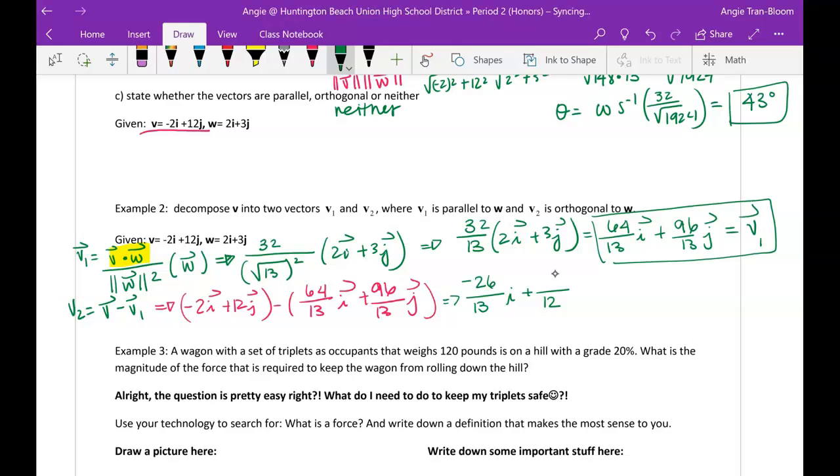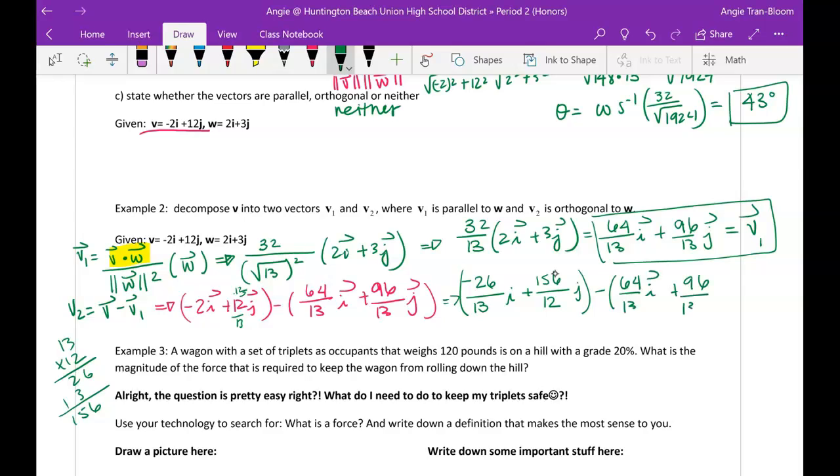So 13 times 12 is 156, and that's the j direction. So just find a common denominator first, and then drop this down, 64 over 13 i plus 96 over 13 j.